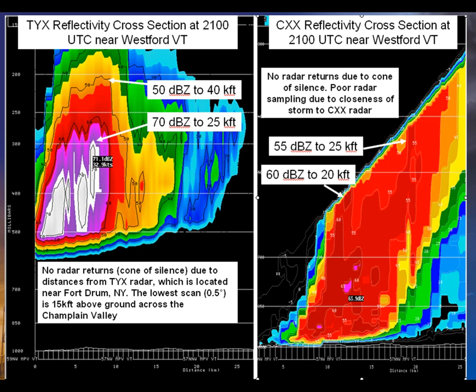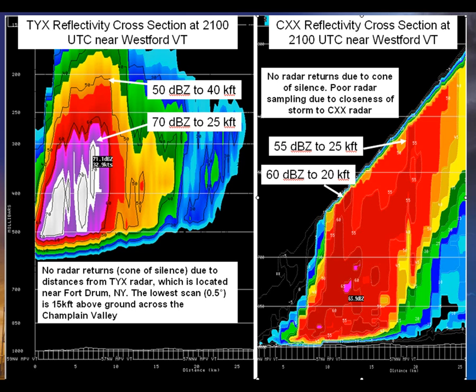Here, we have two radar reflectivity cross-sections of the thunderstorm that produced the record-breaking hailstone in Westford, Vermont. The deep and very strong reflectivity core of 70 dBZ above 25,000 feet from TYX radar near Fort Drum, New York on the left indicates the potential for very large hail.